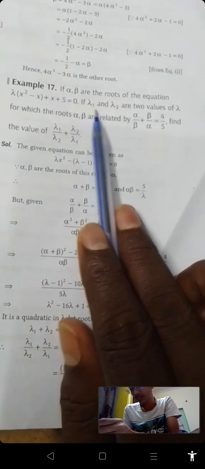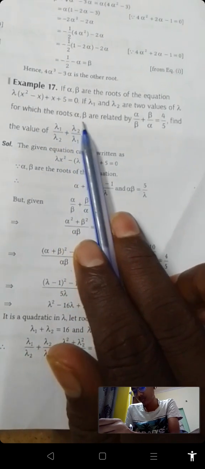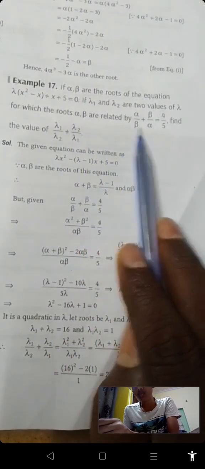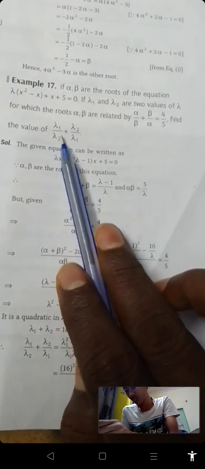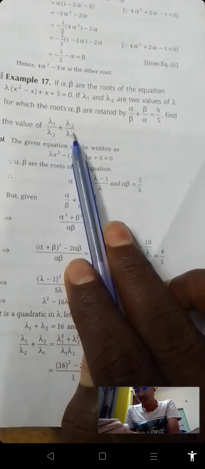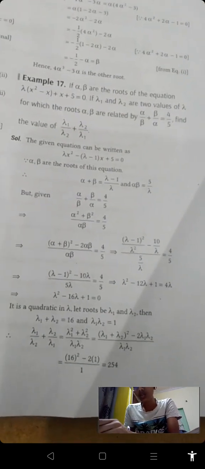If lambda 1 and lambda 2 are the two values of lambda for which the roots alpha, beta are related like this, find the value of lambda 1 by lambda 2 plus lambda 2 by lambda 1. That is the question.